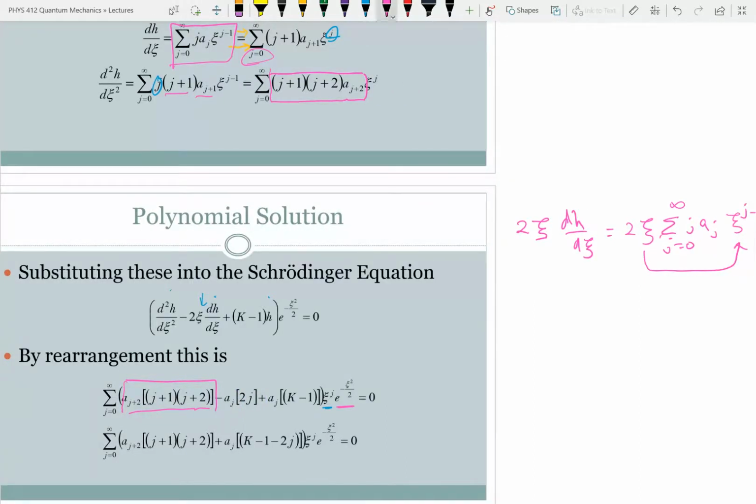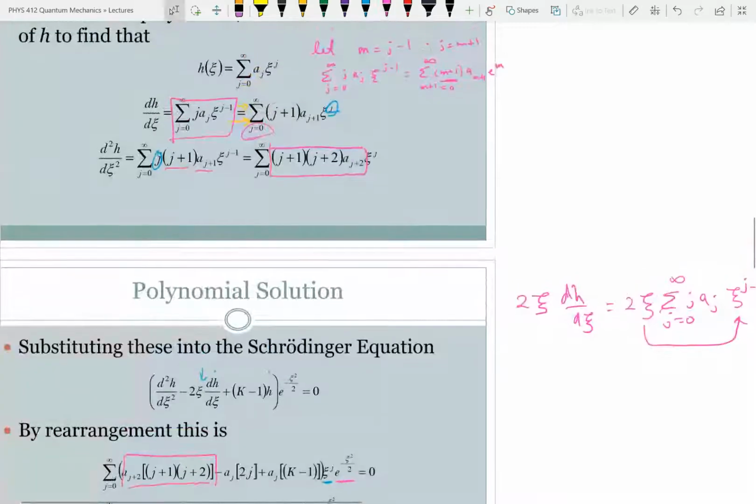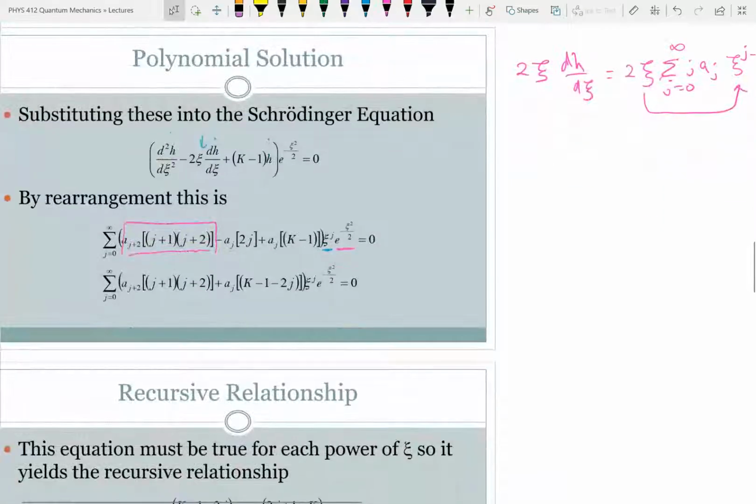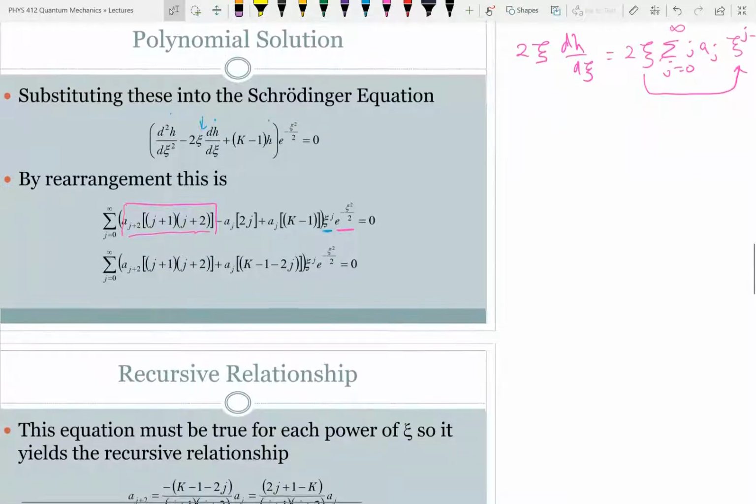And then the last one, the h, well, then we just put in the original h function here, a sub j, and then c to the j. Factored out the c to the j everywhere and the e stuff. The interesting thing about this is we have j plus 2, a sub j plus 2, and then we have two places where we have a sub j.